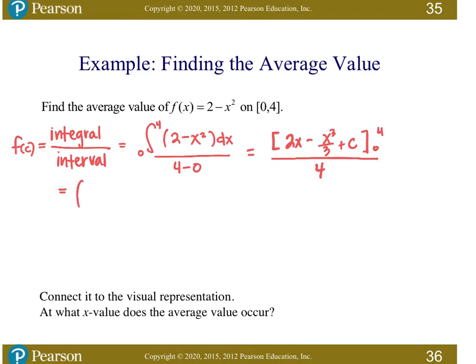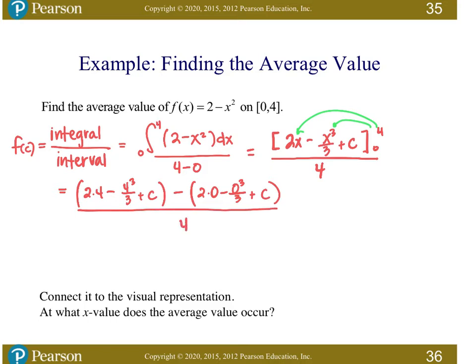So we're going to plug in the number 4 first, and then we'll plug in the number 0. So this will be in parentheses 2 times 4 minus 4 cubed over 3 plus c, and then minus the second set of parentheses 2 times 0 minus 0 cubed over 3 plus c.